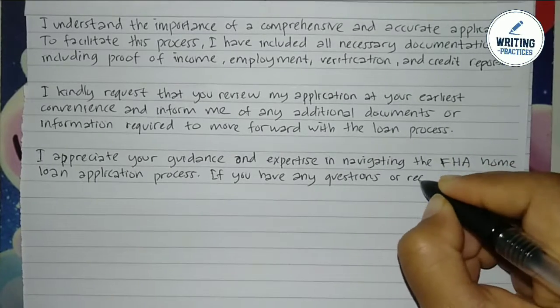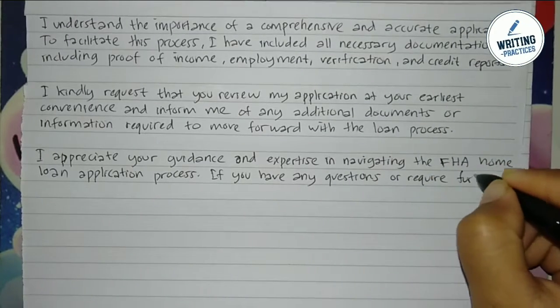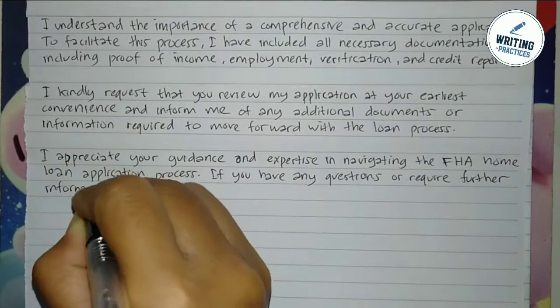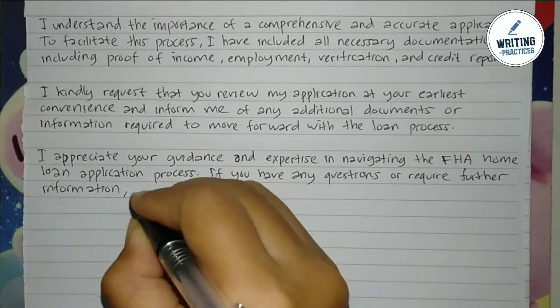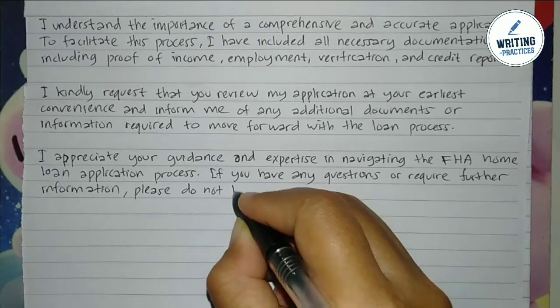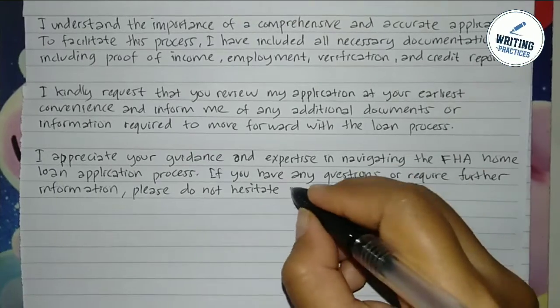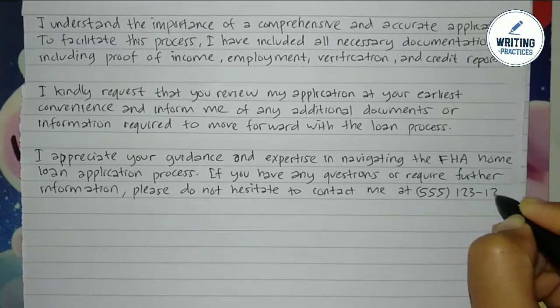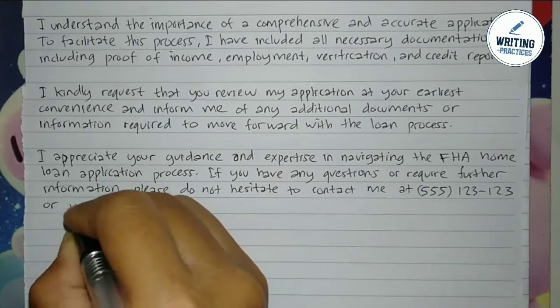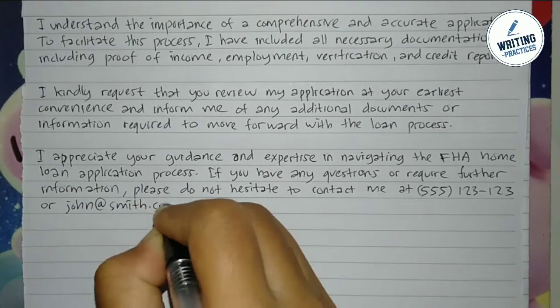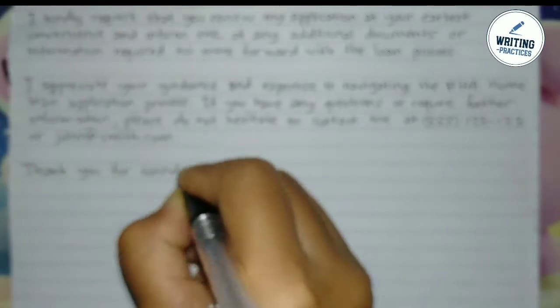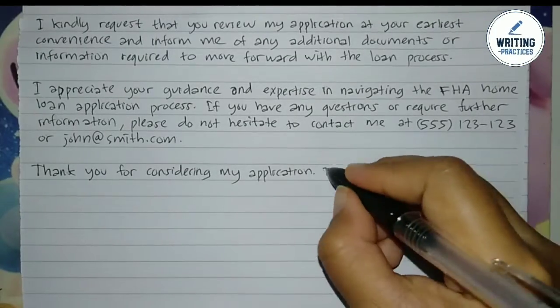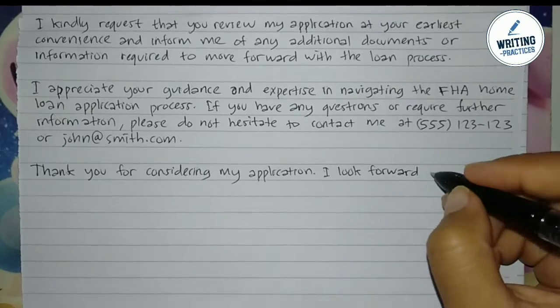It is good if you encourage the loan officer to get in touch if they have any questions or require further information. Here is how you write it. "If you have any questions or require further information, please do not hesitate to contact me at john.smith@email.com or 555-555-5555."